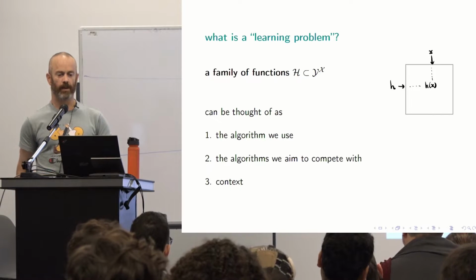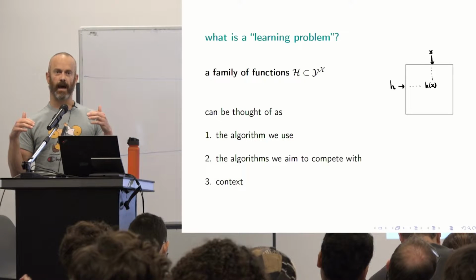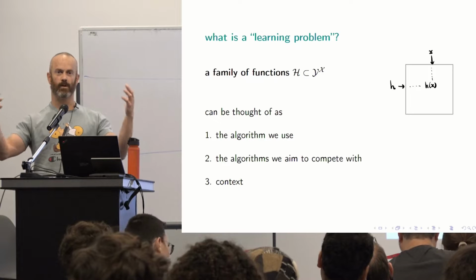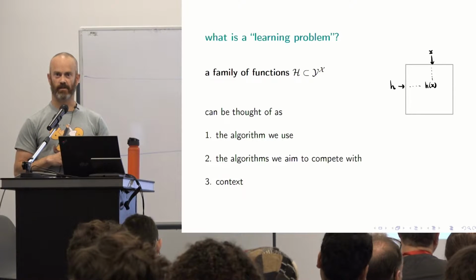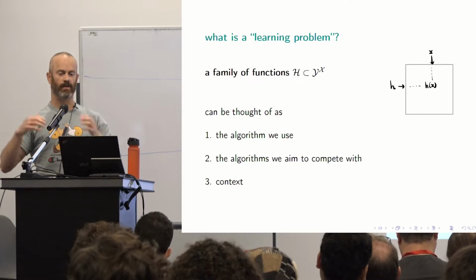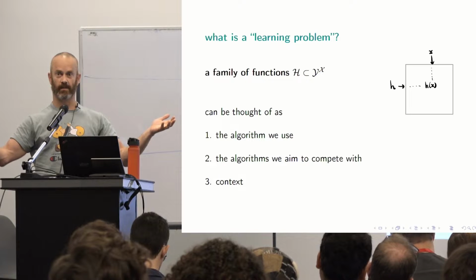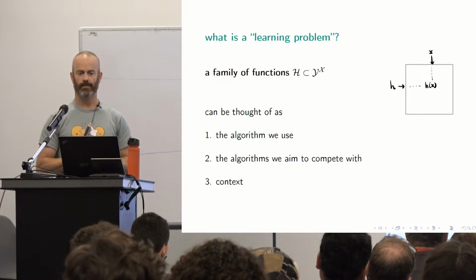It can be thought of as the outputs of the algorithm we are going to use. The algorithm outputs some function in some collection of functions. So we can think about all of these functions the algorithm can output as the class H.